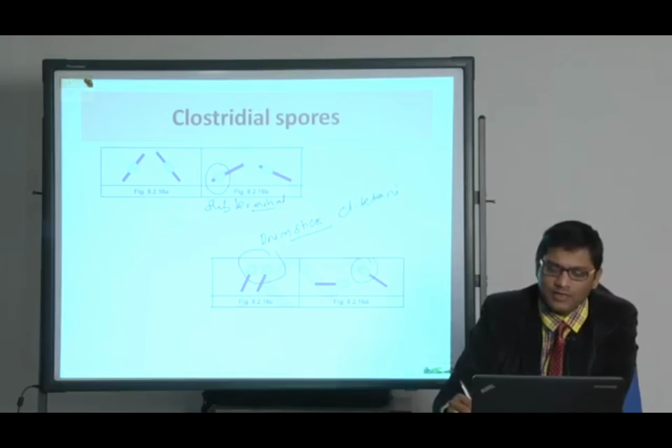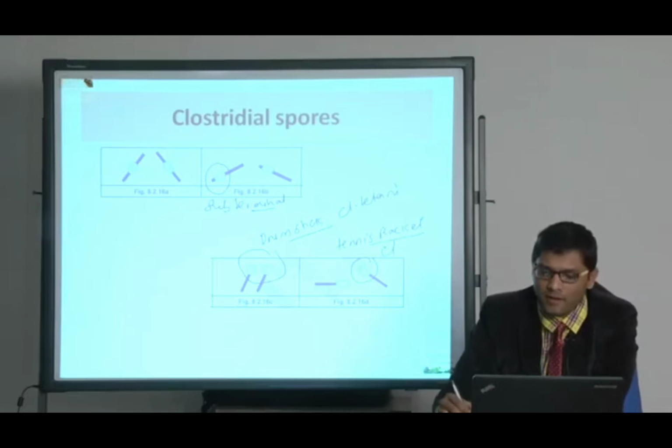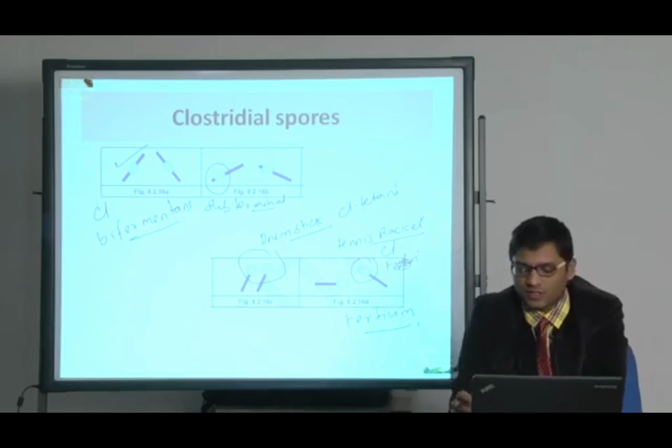Terminal and oval gives rise to tennis racket appearance, Clostridium tertium. And central spore, example is Clostridium bifermentans.